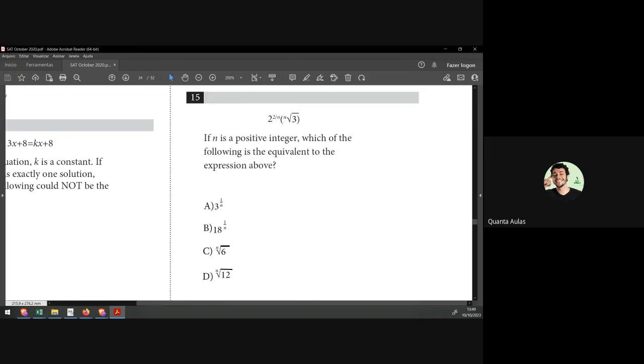Exponential properties. My dog is, I don't know, 14 years old. He is very old for a dog. When my mother goes out of our home, he starts howling like a wolf. So silly.